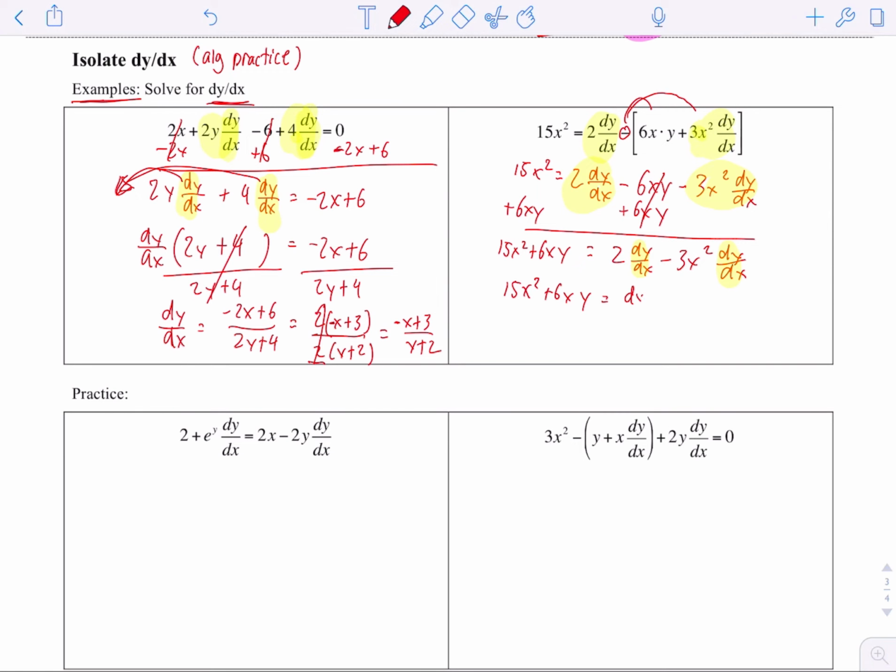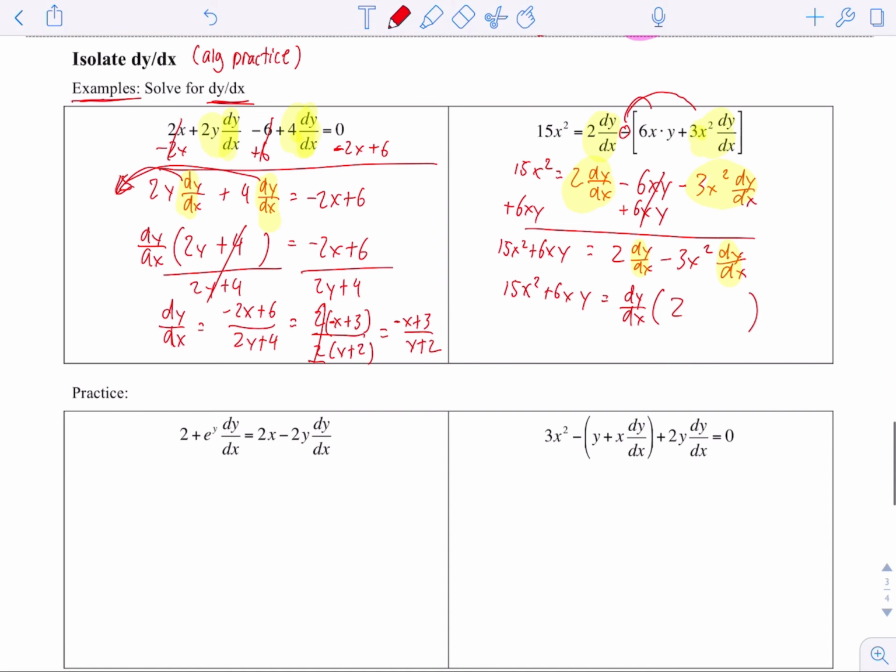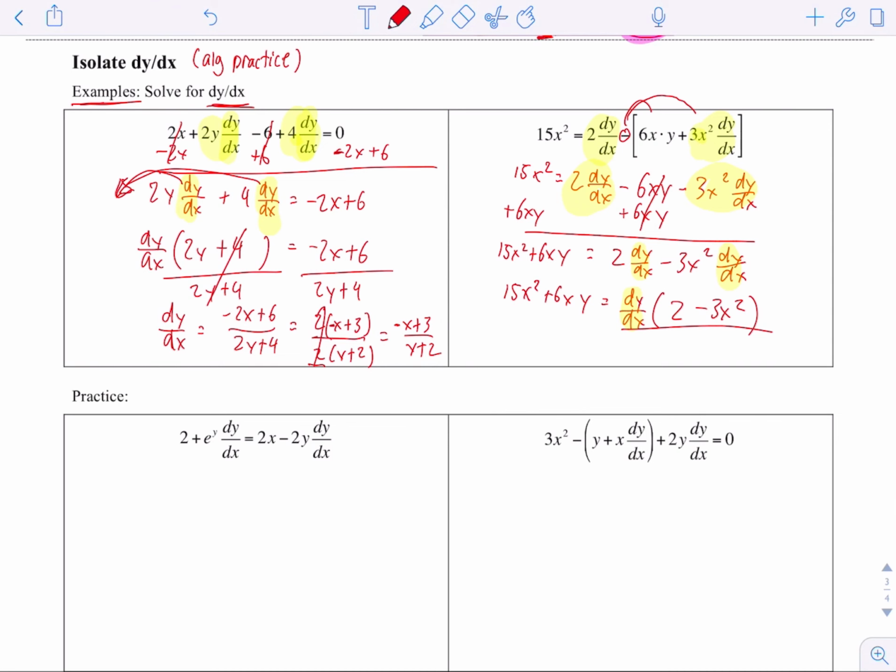So I have dy dx, and I have left 2 minus 3x squared. I want the dy dx by itself, so I'm going to divide by 2 minus 3x squared. There is your answer right there. All right, practice on your own.